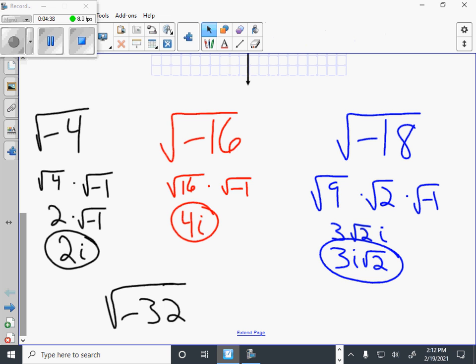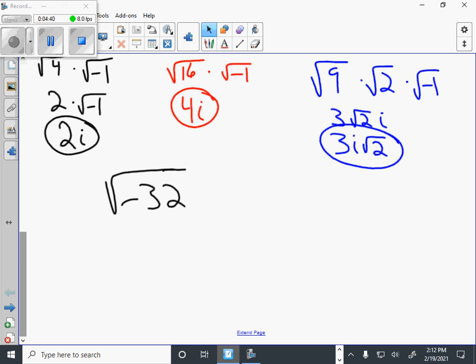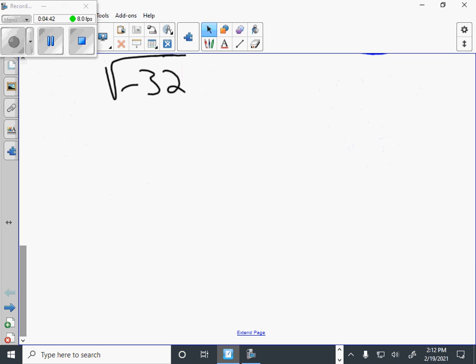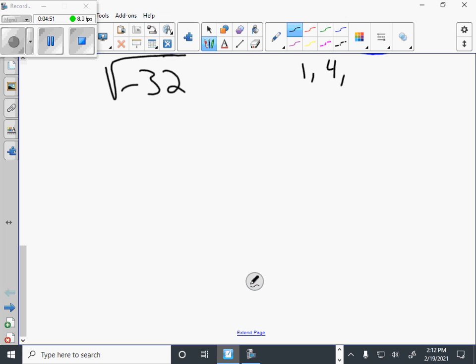Okay, and I think I have a little bit more down here. Yes, the square root of negative 32. I want to practice one more of these. Okay, which of the perfect squares goes into 32? We know 1 does, that's easy. 4, 9, 16, 25. Which of these goes into 32? Well, we know 4 does.